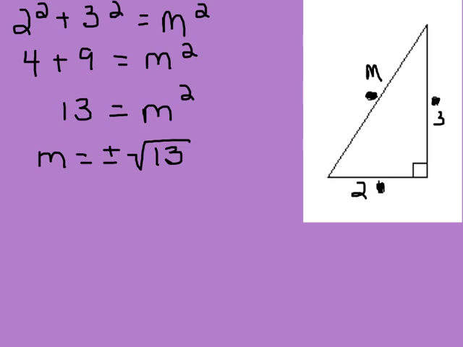See, I took the square root, which did away with this squared, and it made this a square root of. So this would be the answer for this problem. May seem incomplete to you, but it's not.